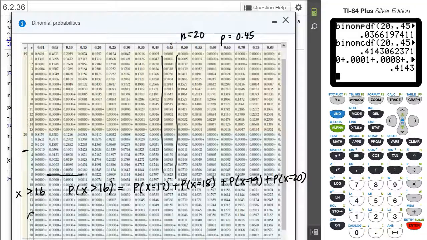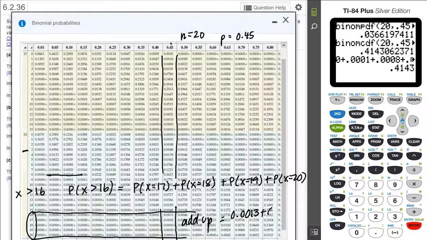See here, 16 to 20. So we care about these probabilities and that probability of success. From these guys, that's 0.0013 plus 0.0002 for the probability, so 0.0015 if we use the table.